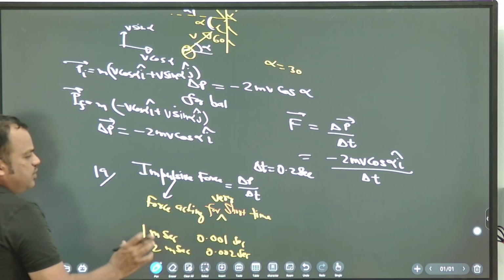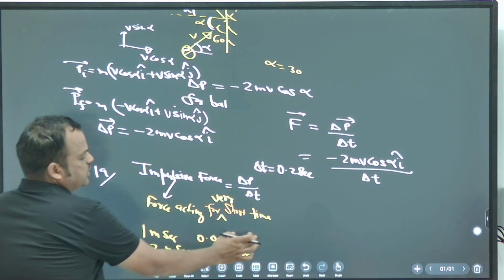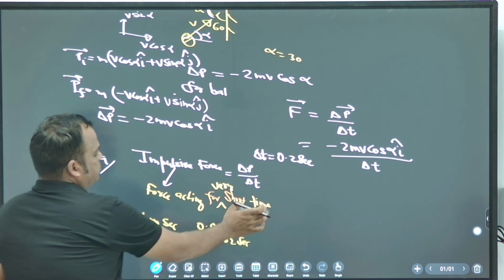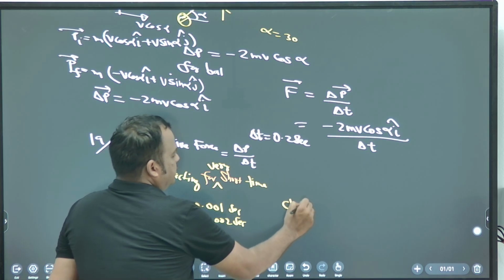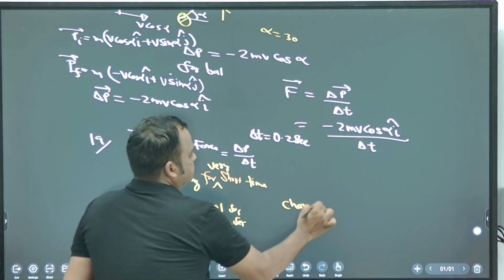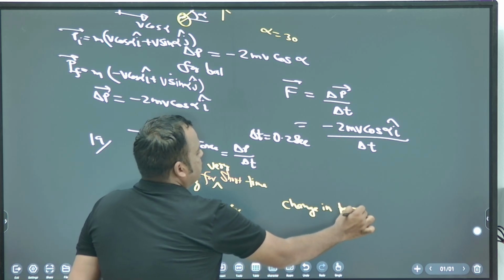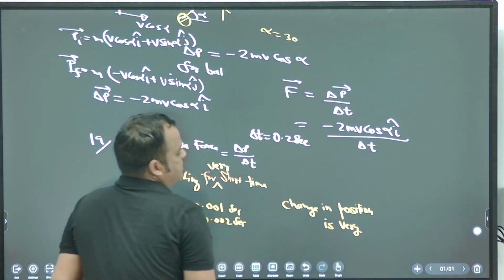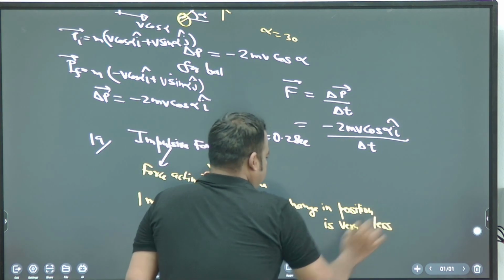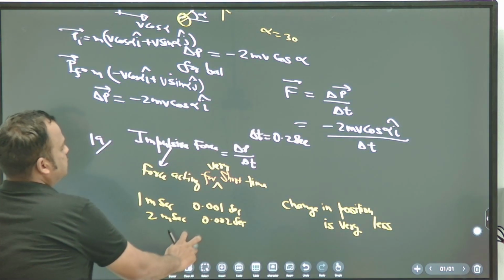Time is so small, the position does not change much. So change in position is negligible or very less.